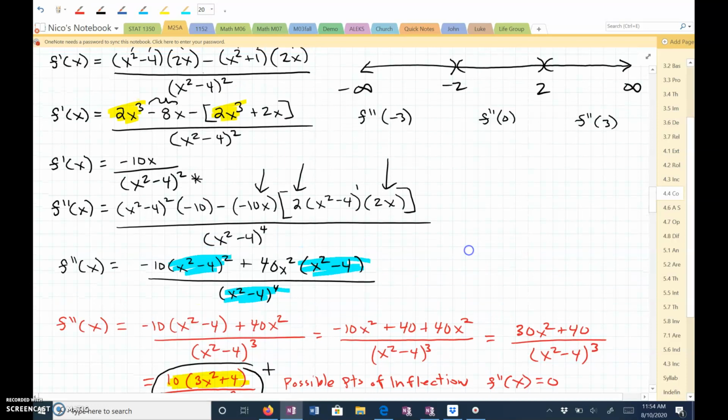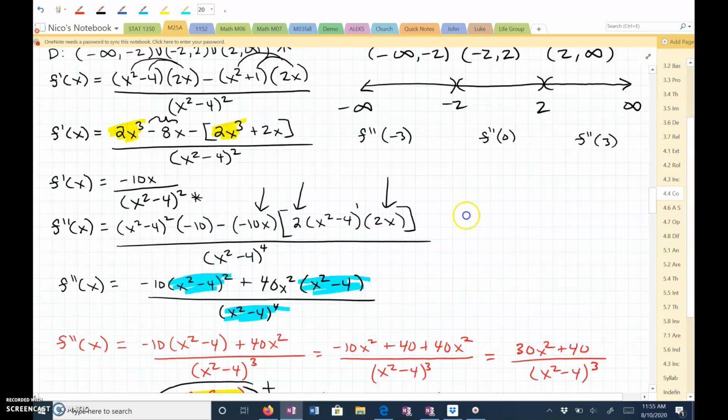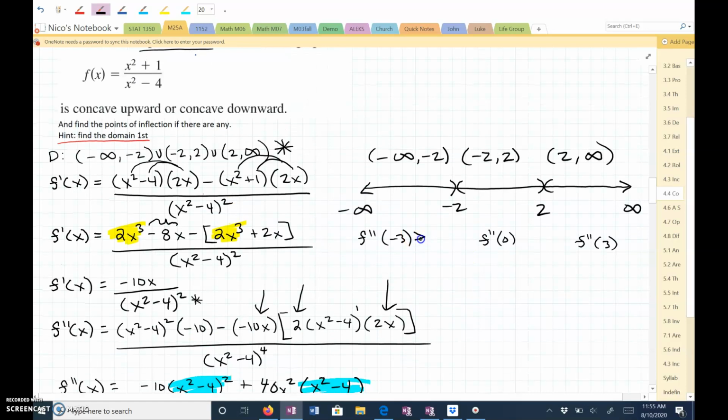The denominator, when this is negative 3, that's going to be 9. 9 minus 4 is positive, so that's going to be positive. So this would be greater than 0. So this is going to be concave up on that interval.